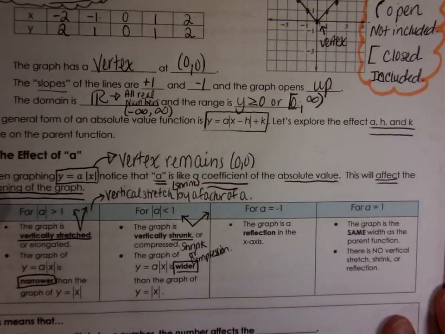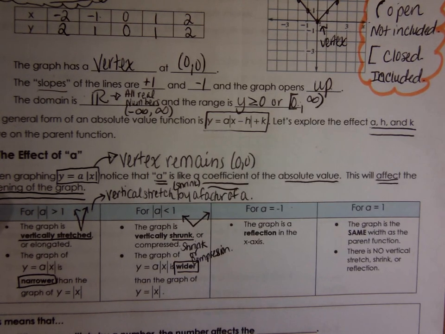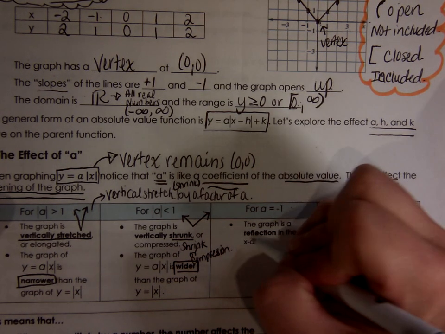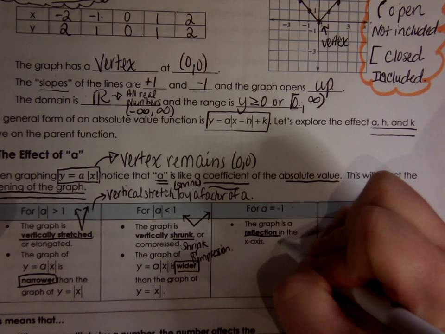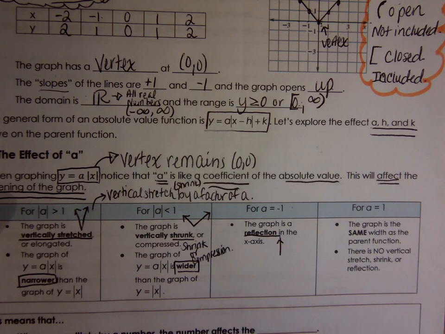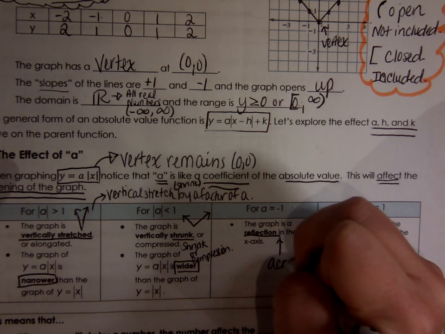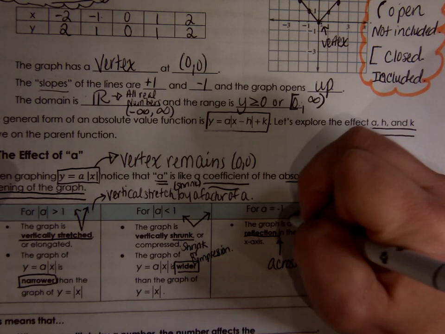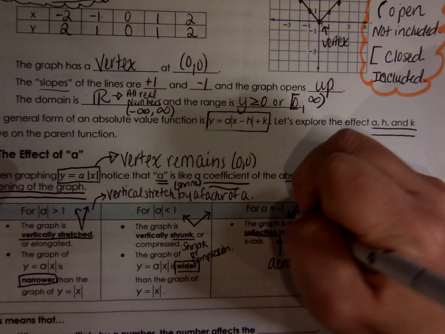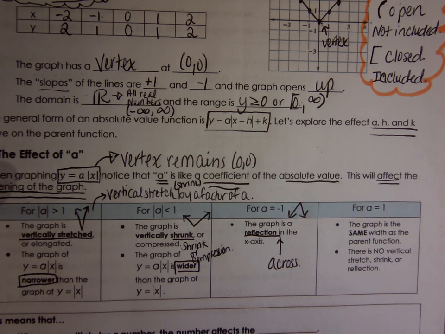Now, if your a value is equal to -1, that indicates that we have a reflection in the x-axis. A lot of times we use the language, a reflection across the x-axis. And that just means that your absolute value graph is flipped upside down. This is for a equaling -1, or even if a is just simply equal to a negative number.